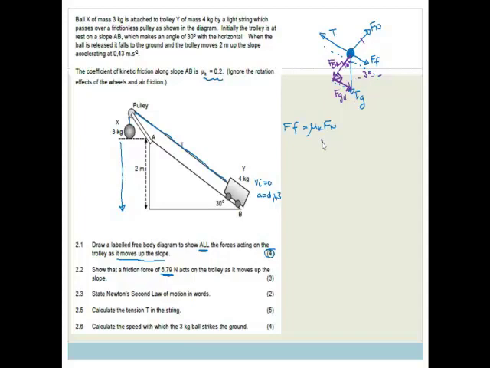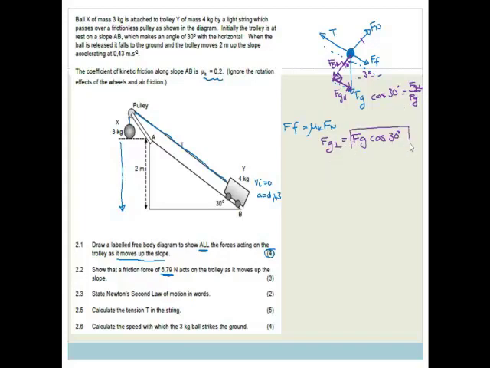So we can say that Fg perpendicular is equal to Fg cos 30 degrees. Sorry, I was hesitating because I thought maybe I should tell you that cos 30 degrees is equal to adjacent over hypotenuse, it's Fg perpendicular over Fg. And then you could rearrange it and you get this answer here.